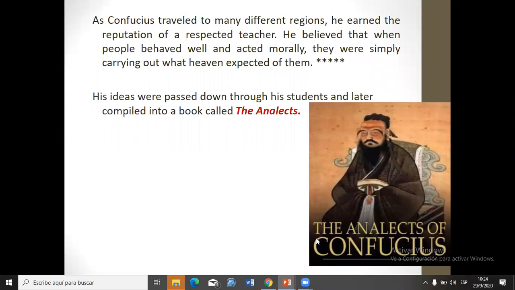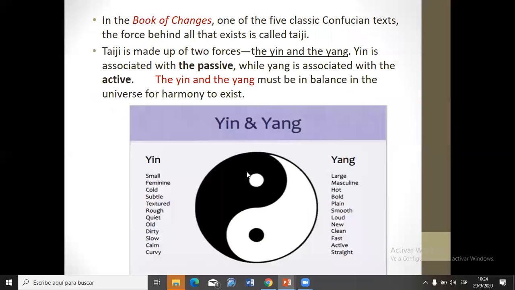We spoke about this yesterday, that all his ideas were collected in this book that talks about his philosophy of living. Also, the Book of Changes is one of the five classic Confucian texts. He wrote several books about his idea of the way life should be followed.